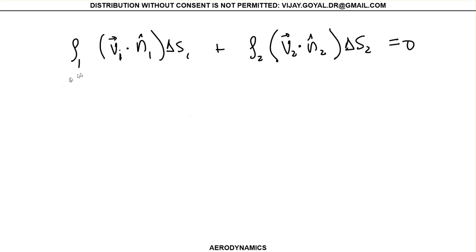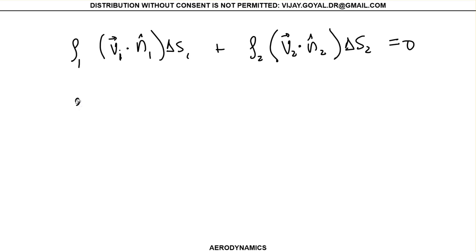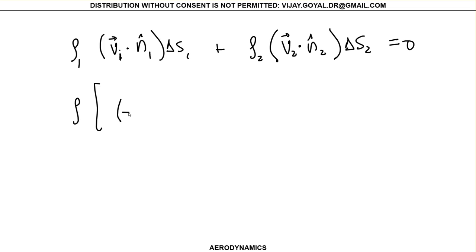Let's replace each one of these. Go to the table. Rho is the same, so my density is the same. This is minus V1 J, and this is J, times delta S1.